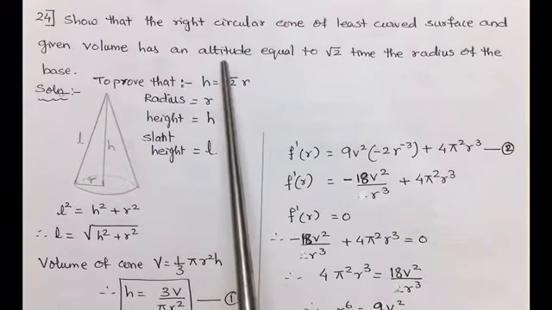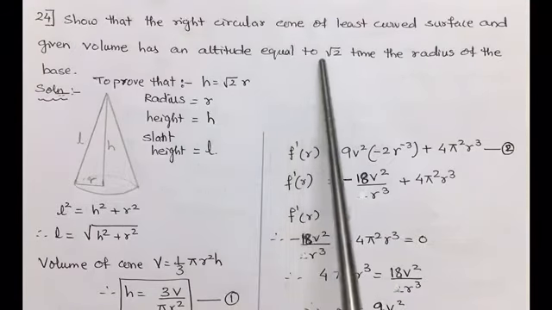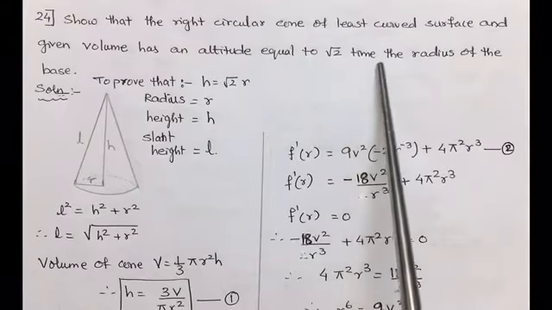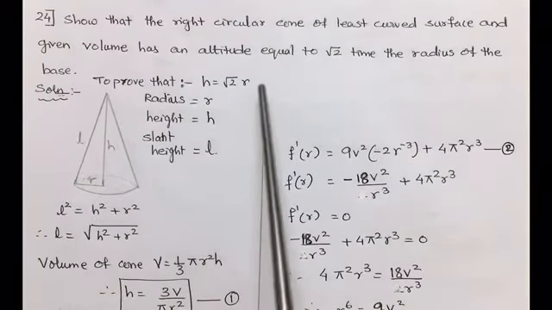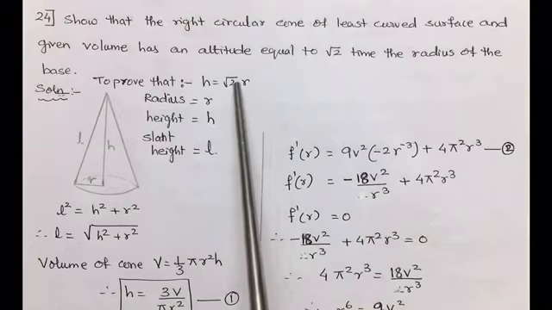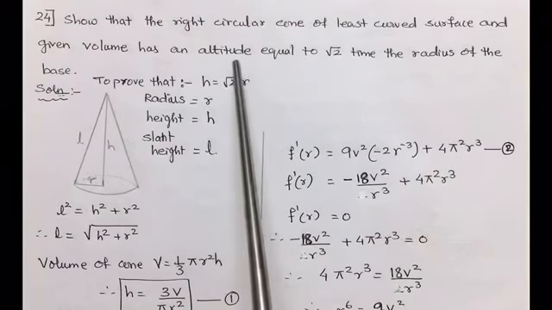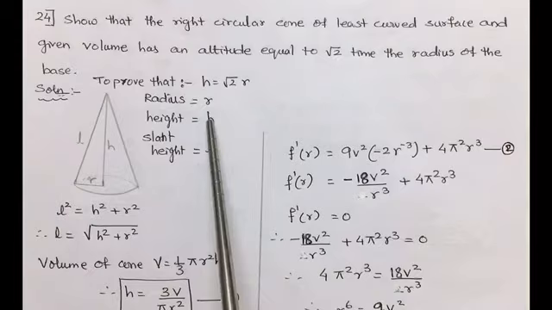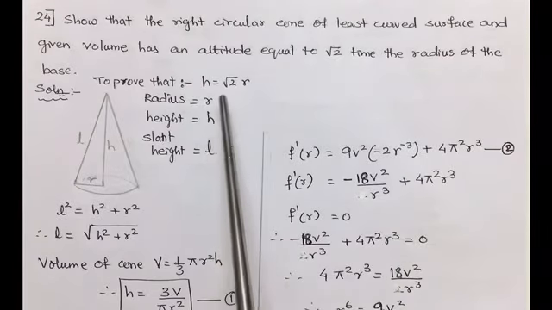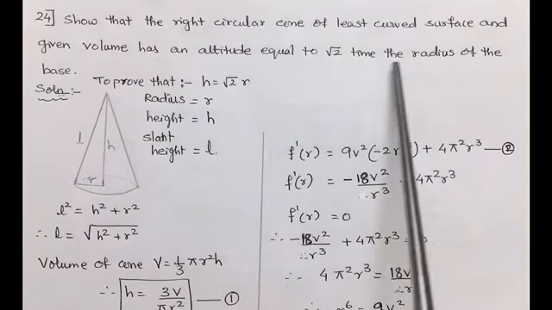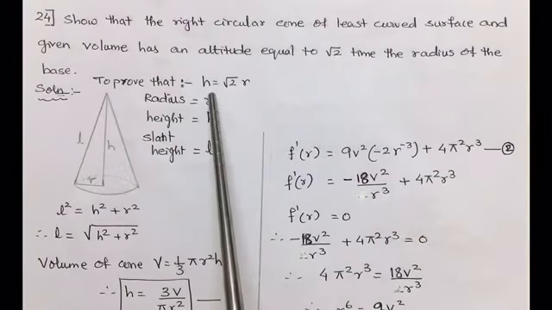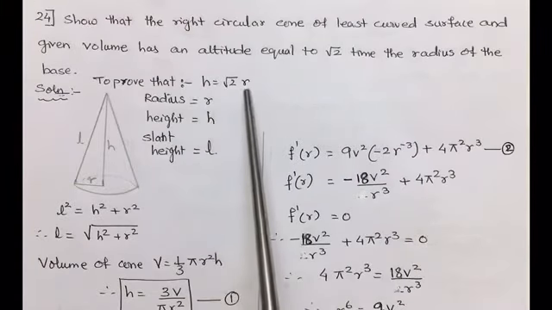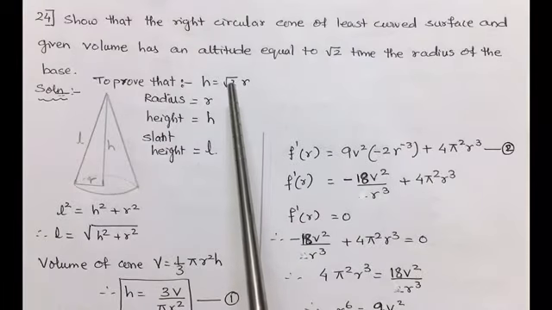Assuming altitude as height h and radius as r, finally we have to prove h is equal to root 2 r.